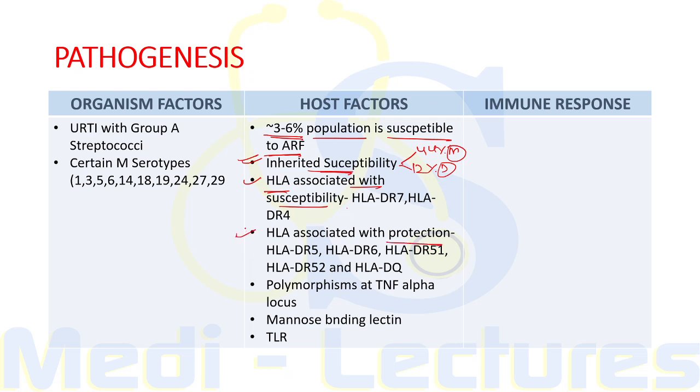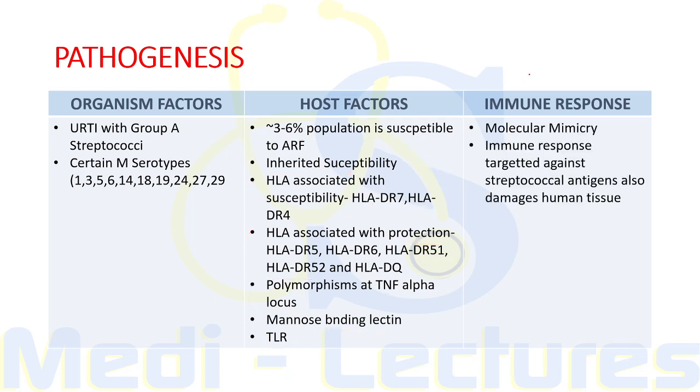So HLA associated with susceptibility include HLA DR7, HLA DR4, while with protection include DR5, DR6, DR51, DR52 and HLA DQ. Also, associations have been described with polymorphism at TNF alpha locus, mannose binding lectin and toll-like receptors. So these all are the host factors.